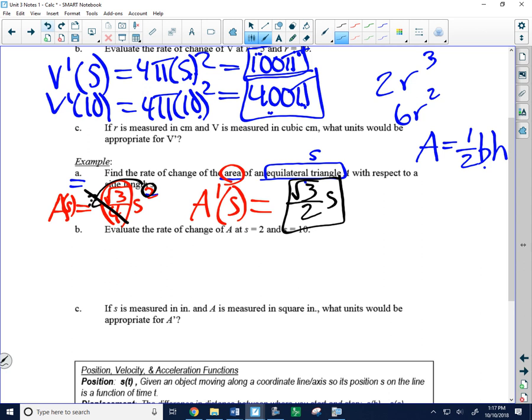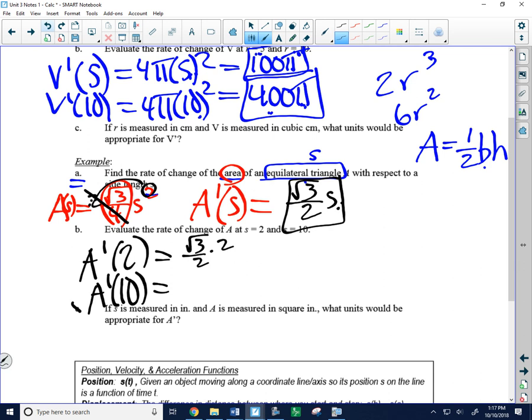So to finish this one, I'm not going to do C again. It wants the rate of change at 2 and 10. So I plug in 2 into the derivative, which is this. So it's radical 3 over 2 times 2. That'll cancel out, just be radical 3.